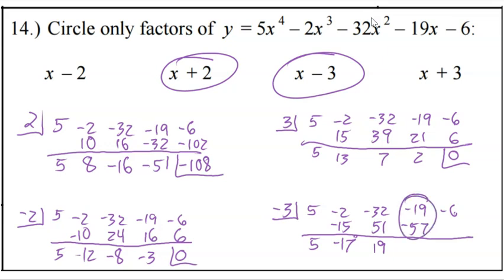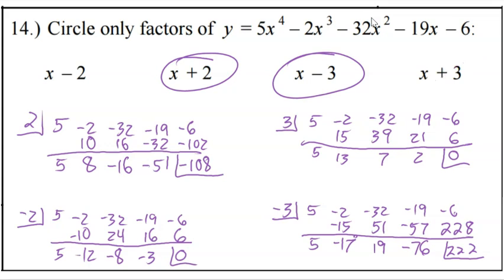Negative 57 plus negative 19 is negative 76. Negative 76 times negative 3 is positive 228. And 228 plus negative 6 is 222. Our remainder is not 0, and therefore this is not a factor.